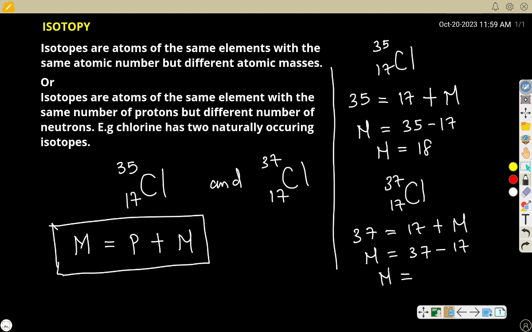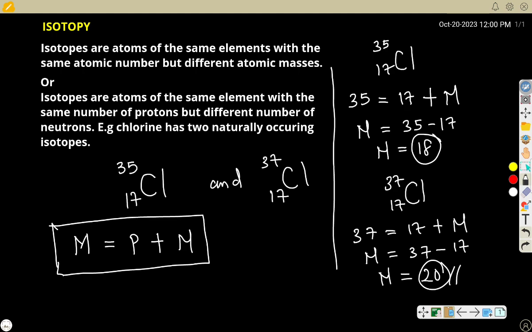Number of neutron is 37 minus 17, so we have 20. So you can see now that this chlorine, they both have the same number of proton, that is 17, 17, but they have different number of neutron, that is 18 and 20.